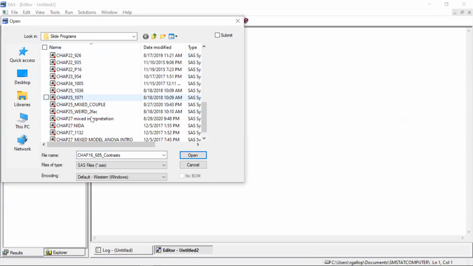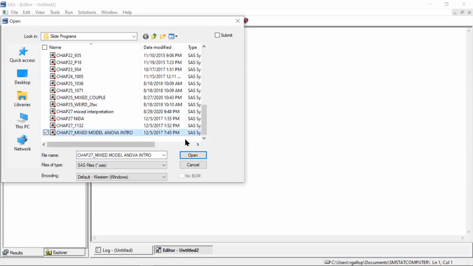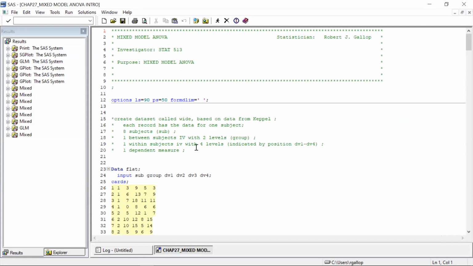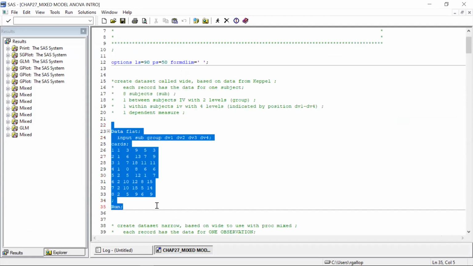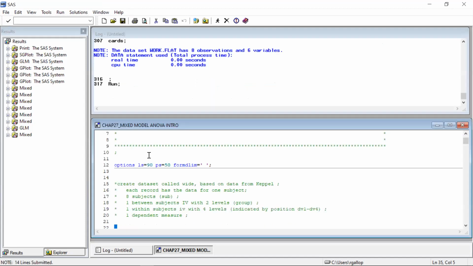So we go here, this mixed model ANOVA intro, right? I'm going to go ahead and load this data up. This data right now is a flat file. What I mean by flat is that each person is 1 row of data, and the repeated time points are the last 4 columns.